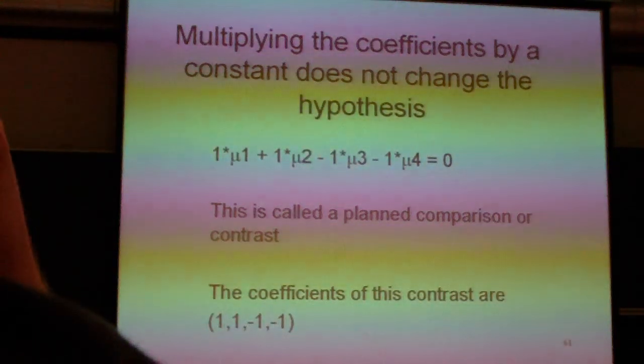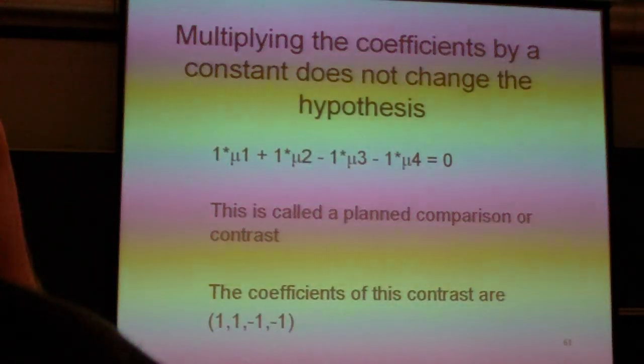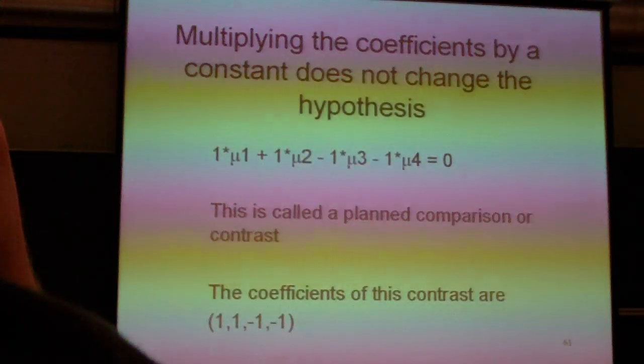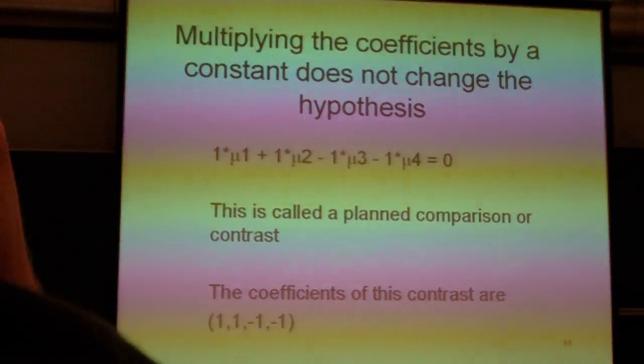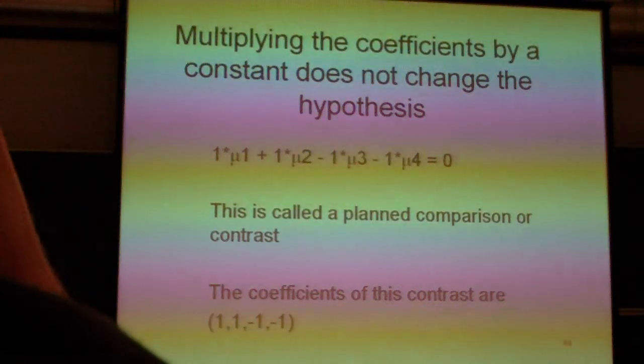That's a null hypothesis that I could investigate, and that answers the question whether or not it makes any difference whether you've been faced with easy labyrinths or difficult labyrinths, or in other words, whether there is a difficulty effect.